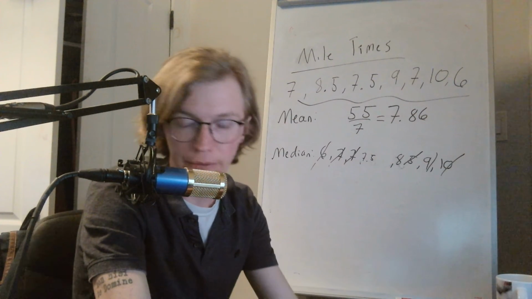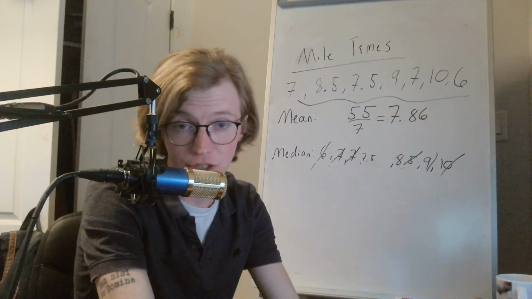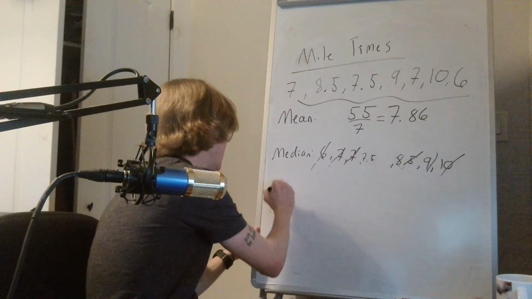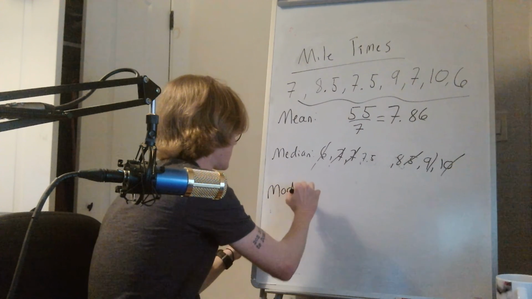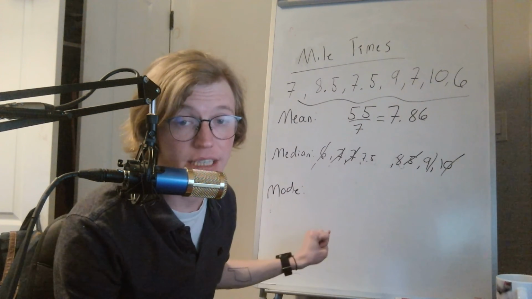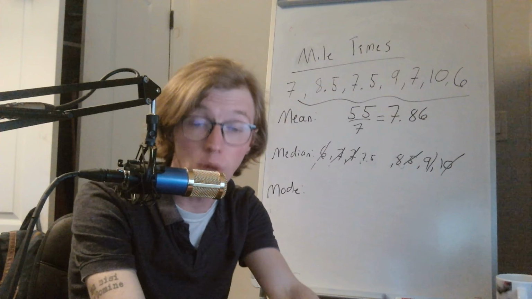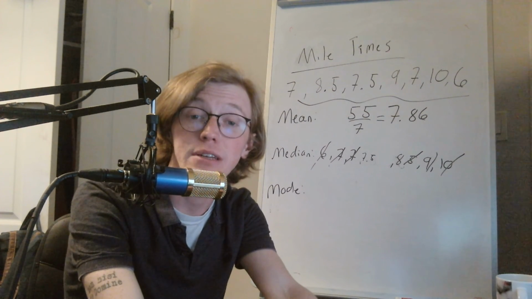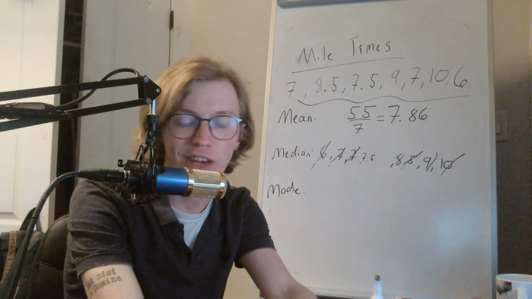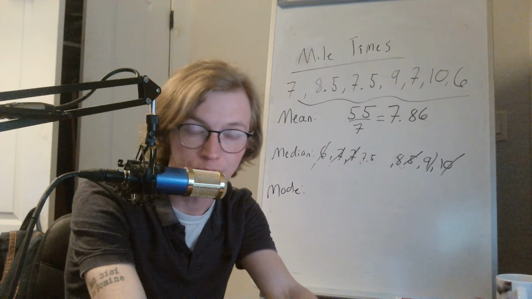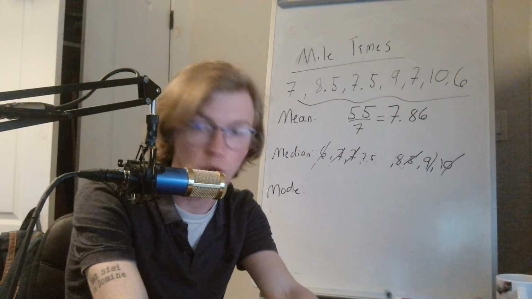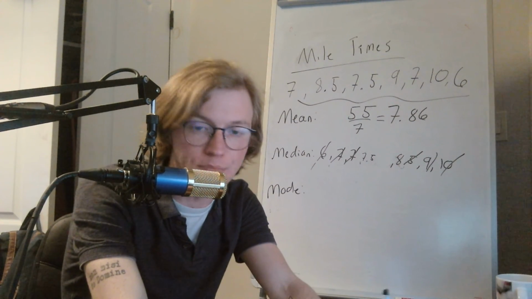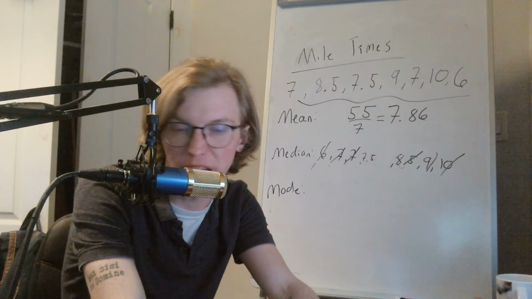Now, the mode is actually the easiest of all of these. You don't need to reorder. You don't need to do any calculations. The mode, M-O-D-E, is asking you what is the most common value. Is there any value that happens more than once? Because if you have a data set of 1,000 observations, if 1,000 people ran a mile, you'd have a lot of people run a mile in 8 minutes, right?